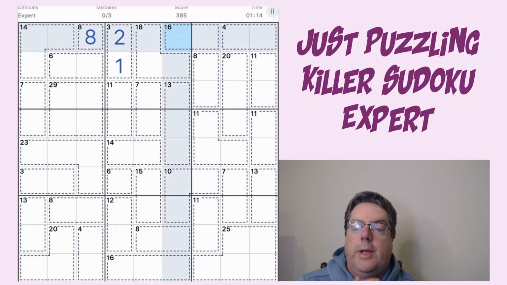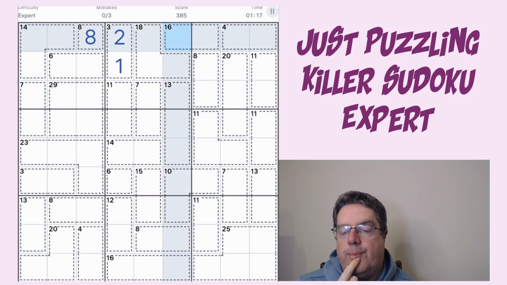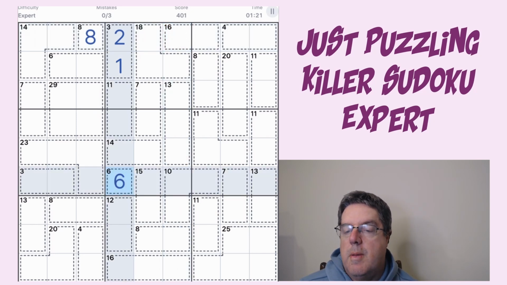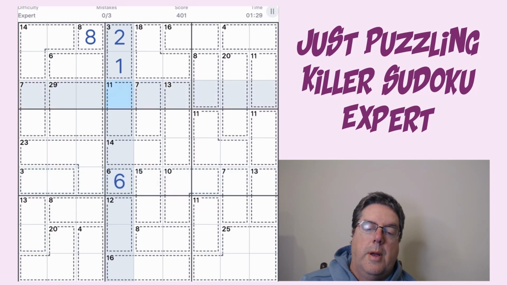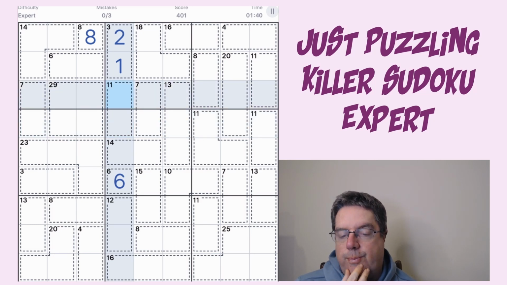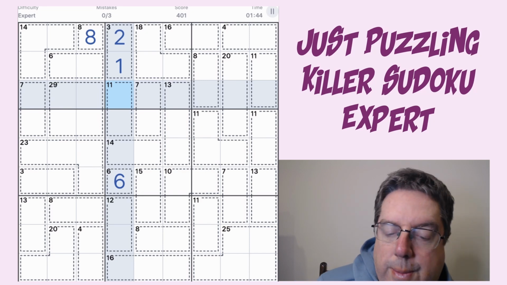9 and 7 across here. There's a cell by itself. Okay, so this can be 3 and 8 or 4 and 7, mainly because 6 and 5 is out and 2 and 9 is out. 1 and 3 there.